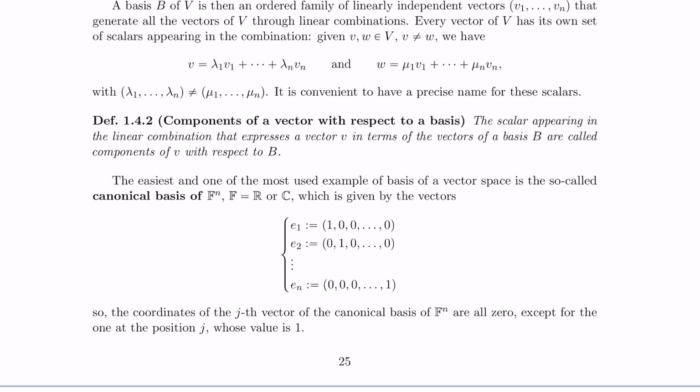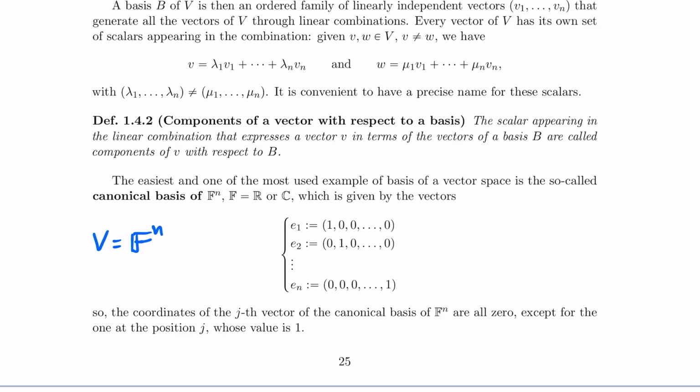Let's immediately give an example of a basis of a vector space. For the vector space, consider the nth Cartesian power of the field F, which as always we take to be either R or C. Then the so-called canonical basis of F^n is given by the ordered set of these vectors here.